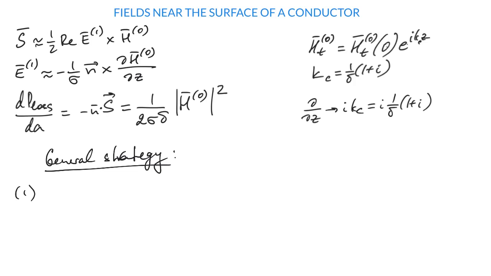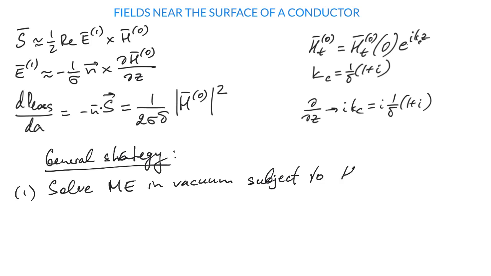In the first step, we're going to solve the Maxwell's equations in vacuum in the area enclosed by the waveguide, subject to the boundary conditions that we found before, that the normal component of the magnetic field vanishes at the surface of the waveguide or resonant cavity, whatever that is, and that the tangential component of the electric field also vanishes at the surface.